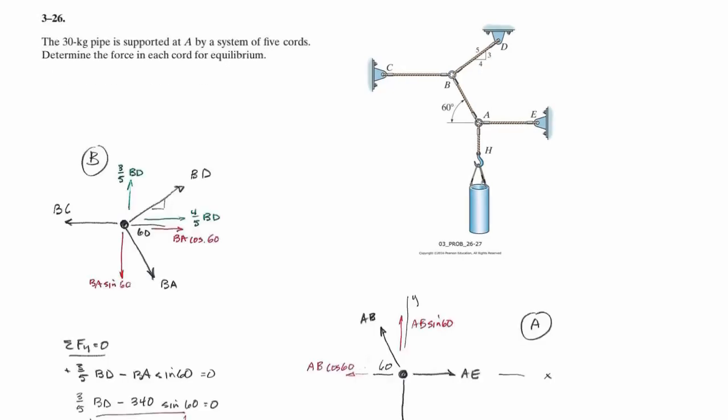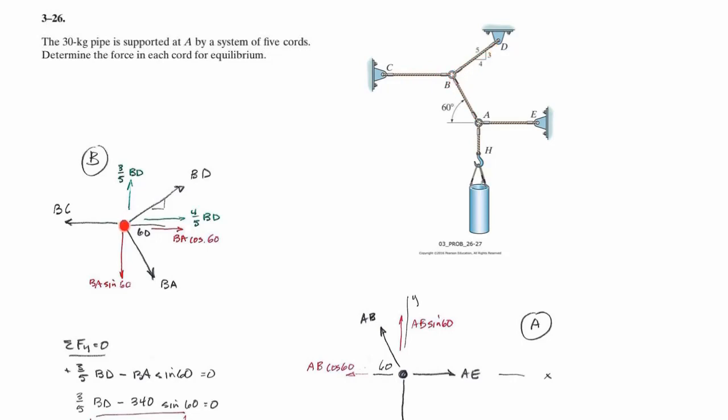Okay, here is the solution to 326. First of all, let's draw the free body diagrams of the points in question. There's point A and point B. Again, these are knots. I guess I did point B first. That's fine. There's going to be a BC pointing that way, BD going that way, BA going that way.